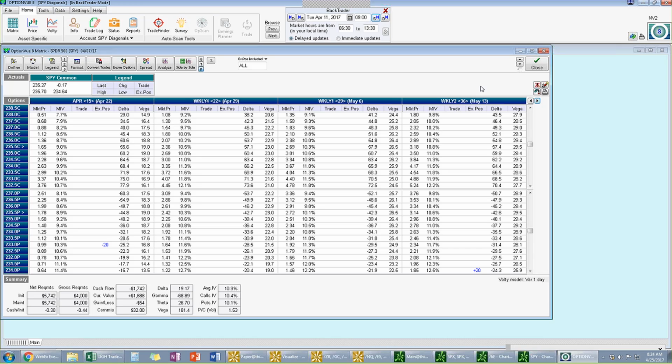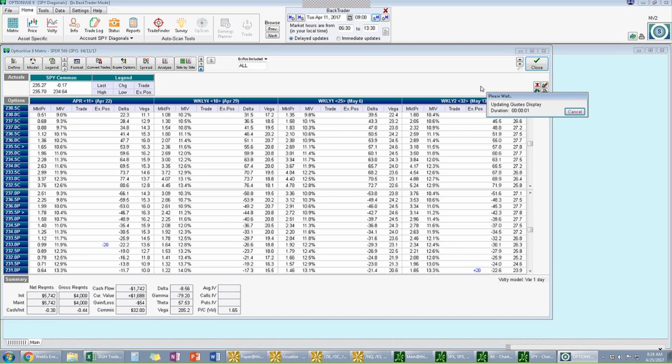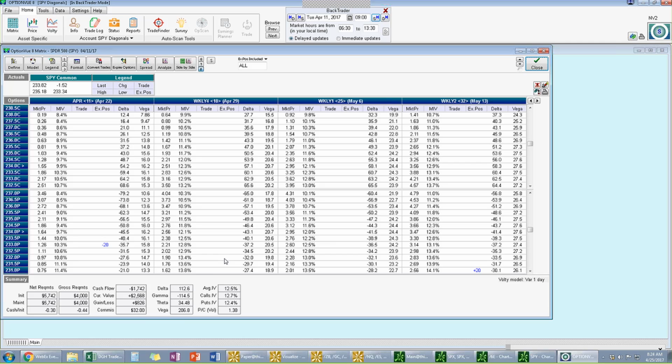So you can see what this would look like when it goes off, one that really has worked well. Yeah, so this is 826, which includes the commission.